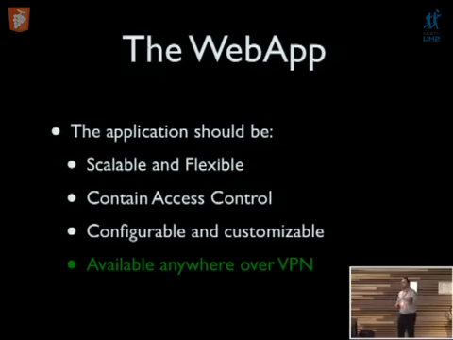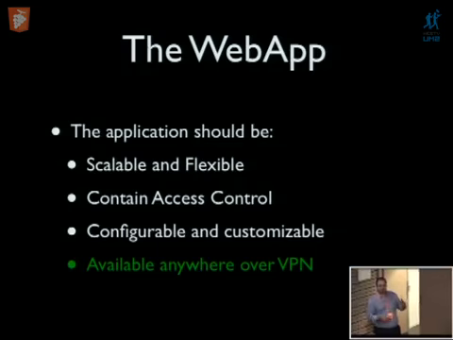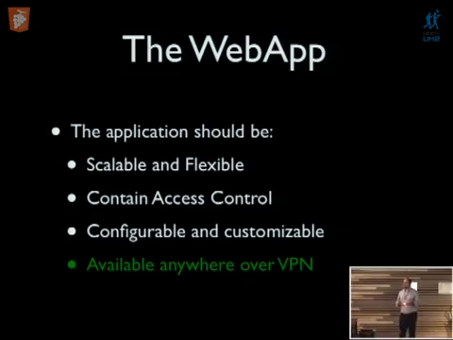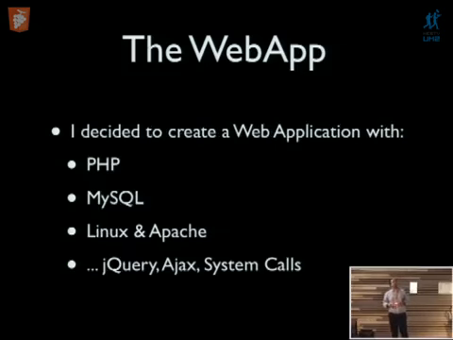This is important also because it connects to LDAP. Configurable and customizable, and available over the VPN, always available. That's why I decided to make the application in LAMP, Linux, Apache, PHP, and MySQL, with a lot of jQuery, AJAX, and system calls.